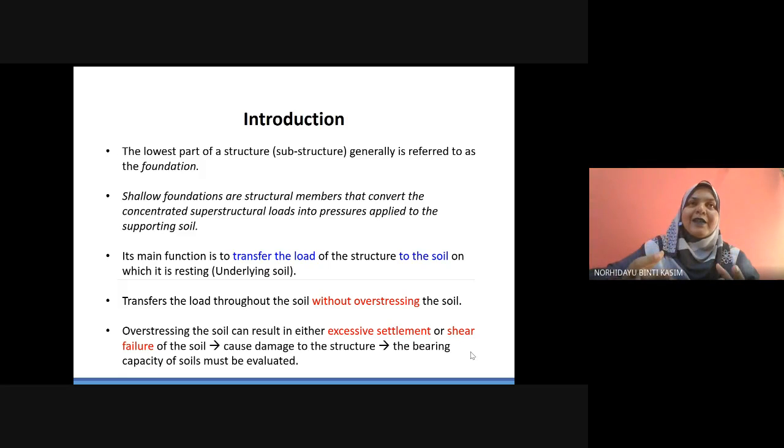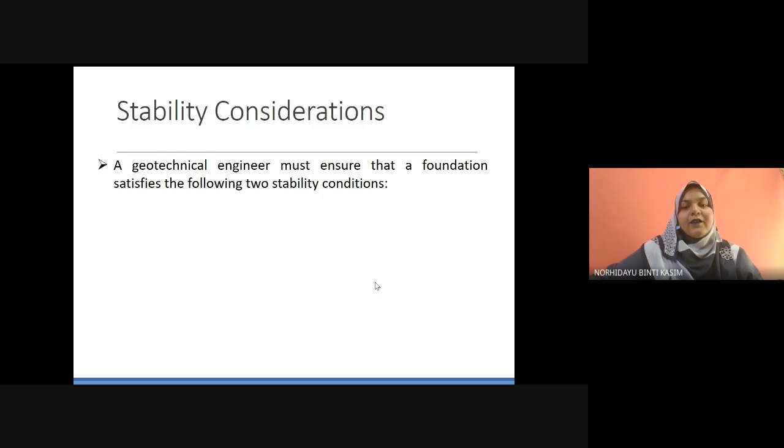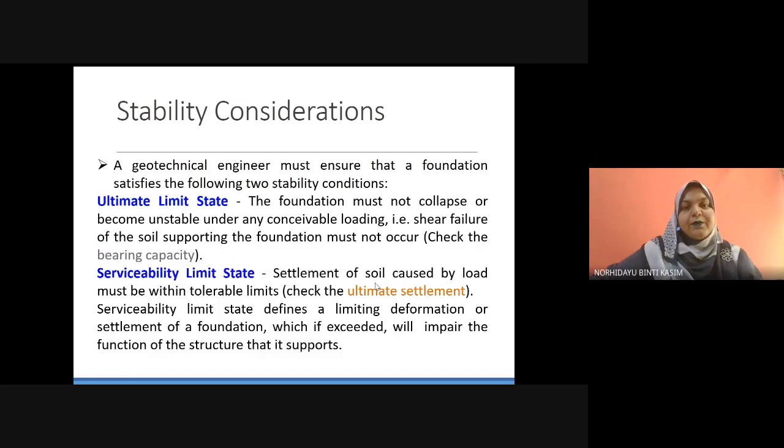Excessive settlement means the settlement that occurred because of overloading. If we are overstressing the soil, excessive settlement or shear failure will occur, and then it will damage our structure. So you have to evaluate again the bearing capacity of the soil.